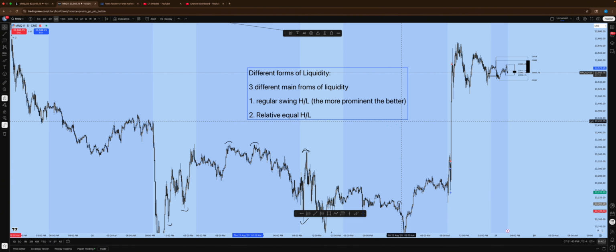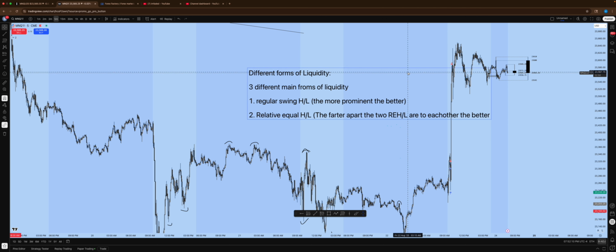Obviously, equal is going to be a better form of liquidity, but also the farther apart the two relative equal highs and lows are to each other, the better.